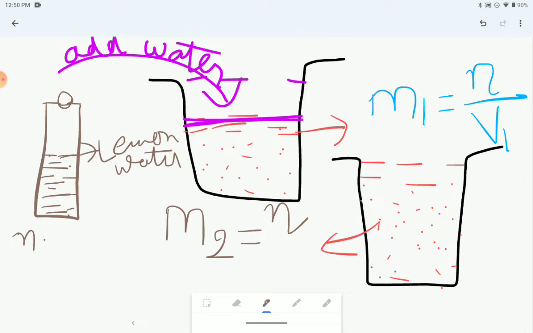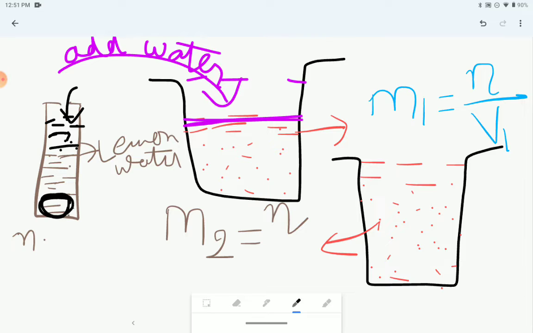If we take this cap off, and now add some water into it, suppose the level becomes up to here, let's say. If you add some water into it, only the concentration of the liquid changes, but the number of moles of solute remains the same, right?